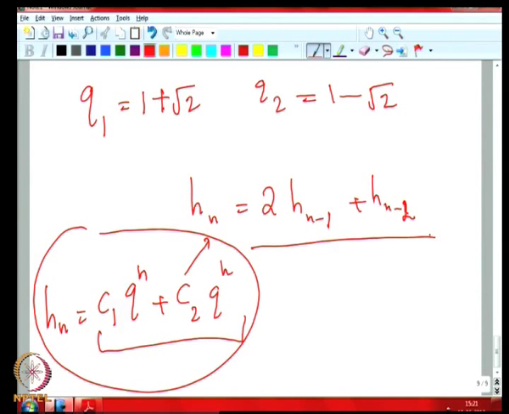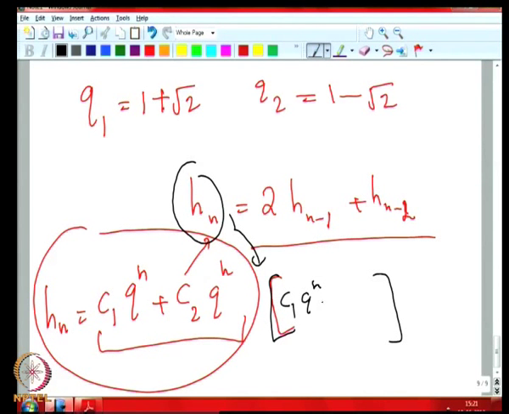Why is it so? You just have to substitute and see. In this special case, I will show the substitution. When I substitute for this Hn, C1 and C2 are just some constants.